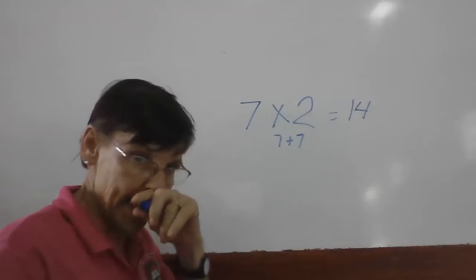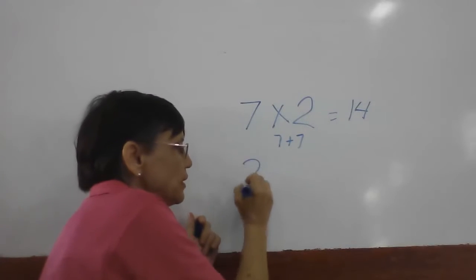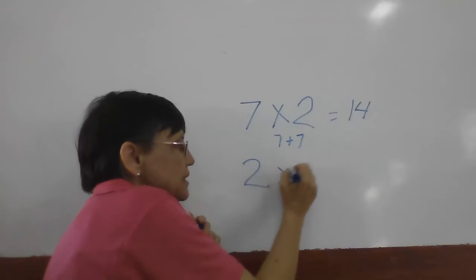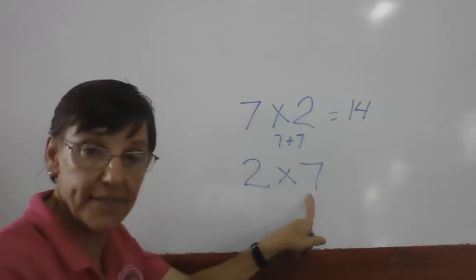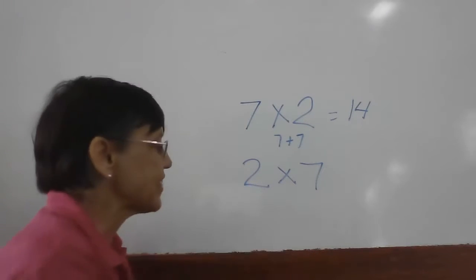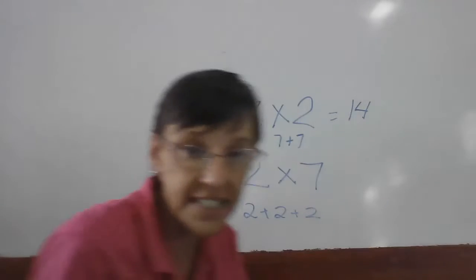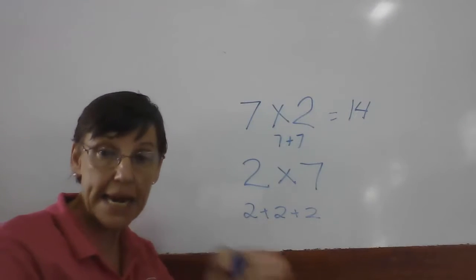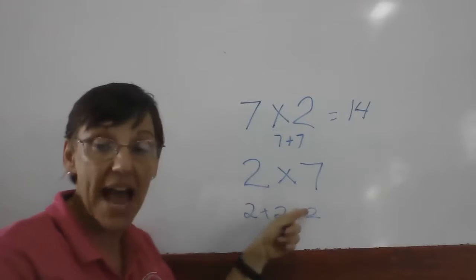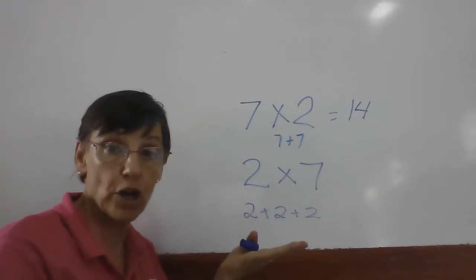Or we can say 2 times 7. 2, 7 times, right? That's 2 plus 2 plus 2, 7 times. The same thing. It doesn't matter which one goes first.